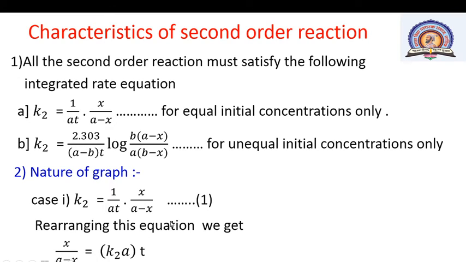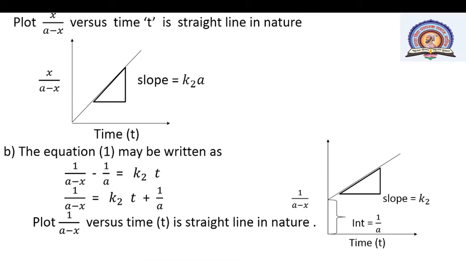Now rearranging this equation 1, we get x upon (a minus x) is equal to k2 into a into t. Then plot the graph x upon (a minus x) versus time t. The nature of the graph is a straight line passing through the origin.